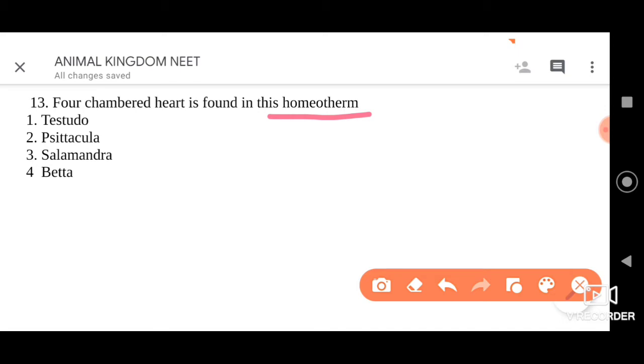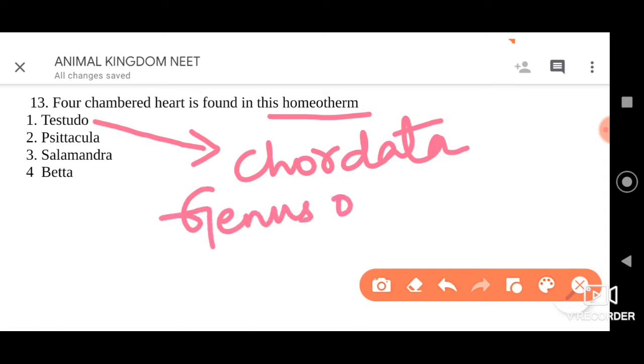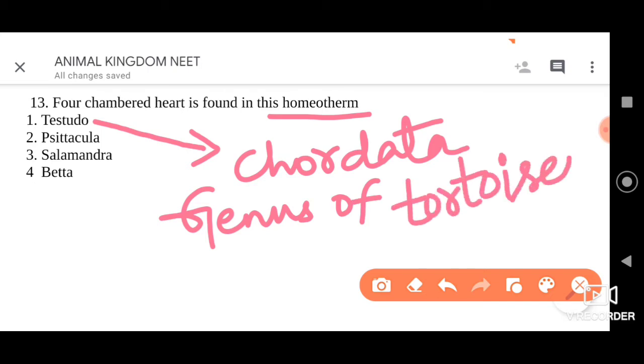First we have Testudo. When we consider this organism, it belongs to the phylum Chordata. First point to be noted. Testudo is a genus of tortoises.